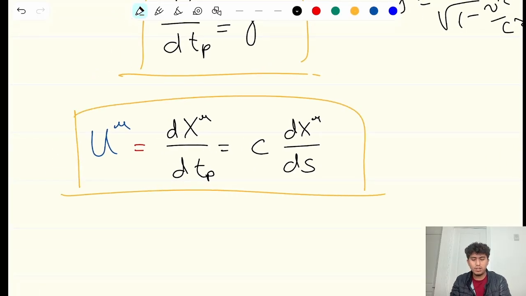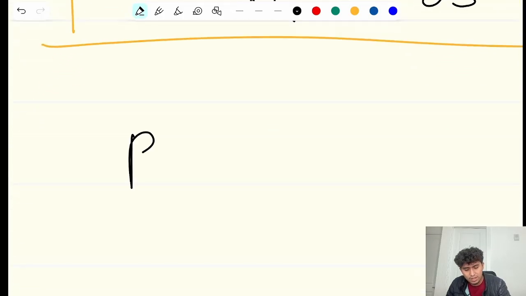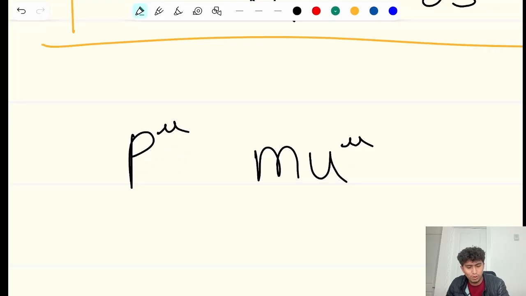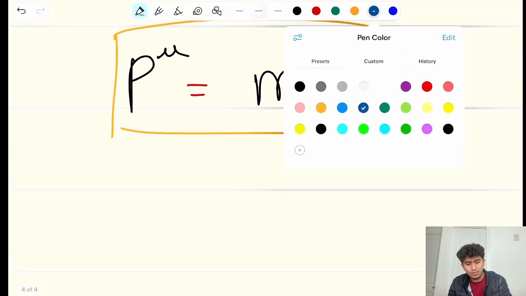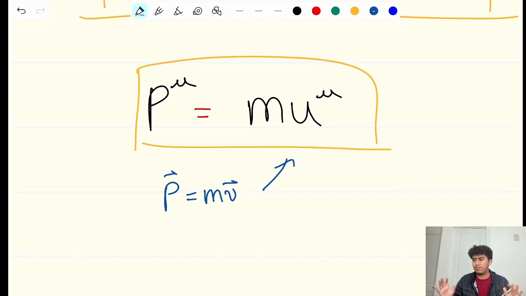This is the four-velocity. And the funny thing is that you can now write the four-momentum in terms of the four-velocity, as we usually did for the normal momentum. This is very analogous to the usual formula. Great. So that's all for special relativity for now.